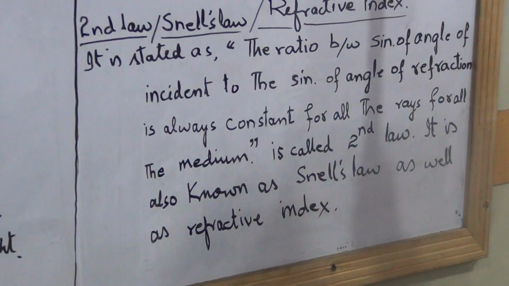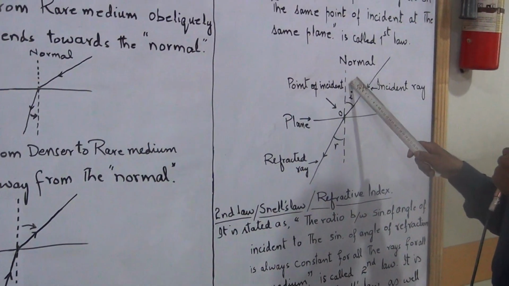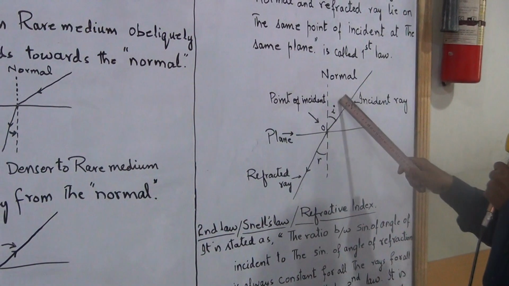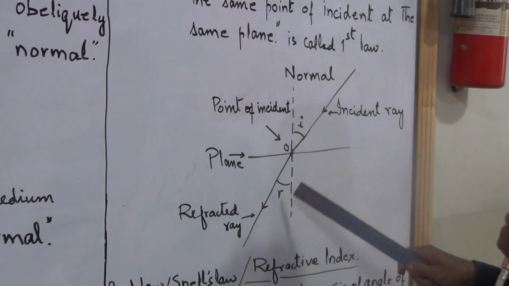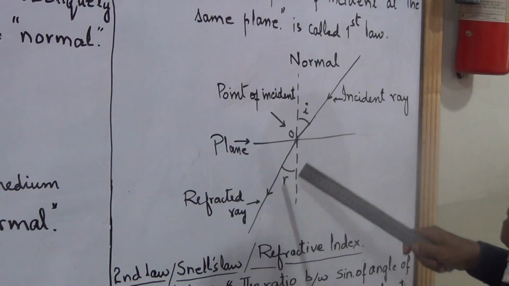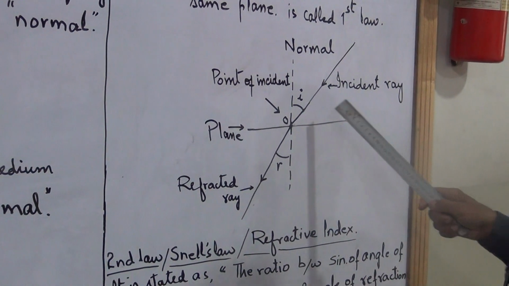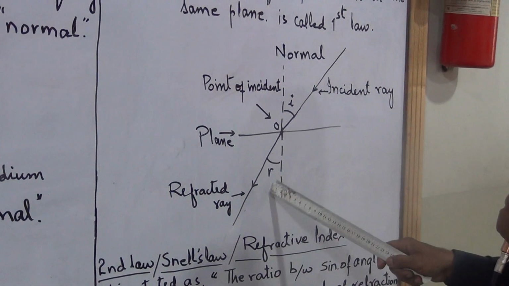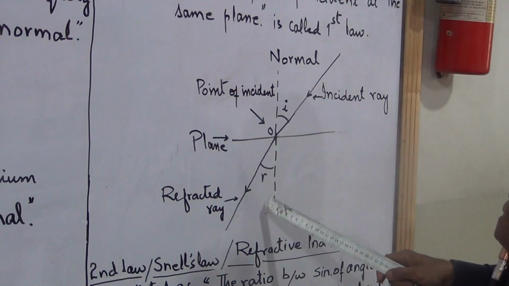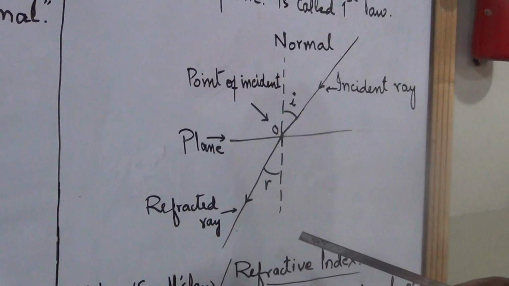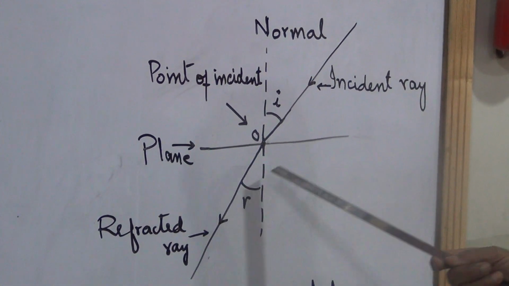Look, the angle between the normal and the incident ray is called the angle of incidence. The angle between the normal and the refracted ray is called the angle of refraction. So, if we take the trigonometric ratio sine i and sine r, the ratio of these two remains constant for all the rays and for all media.